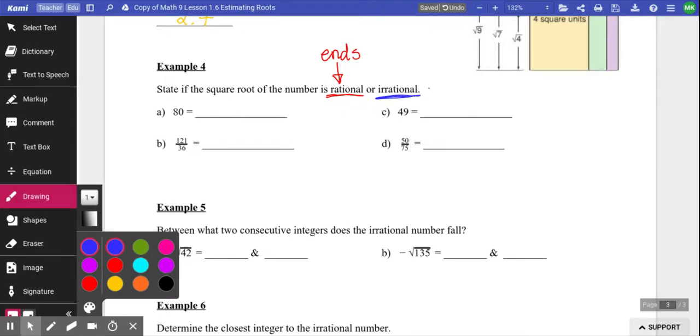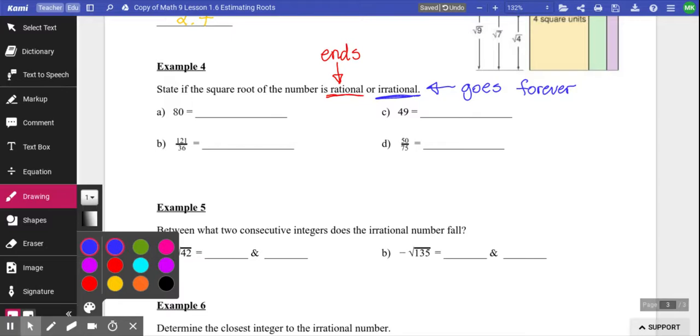An irrational number goes forever. That would be like 2.1234972, and it just keeps going forever and ever and ever. The only numbers that can get kind of tricky, that this rule doesn't follow, are numbers that repeat.